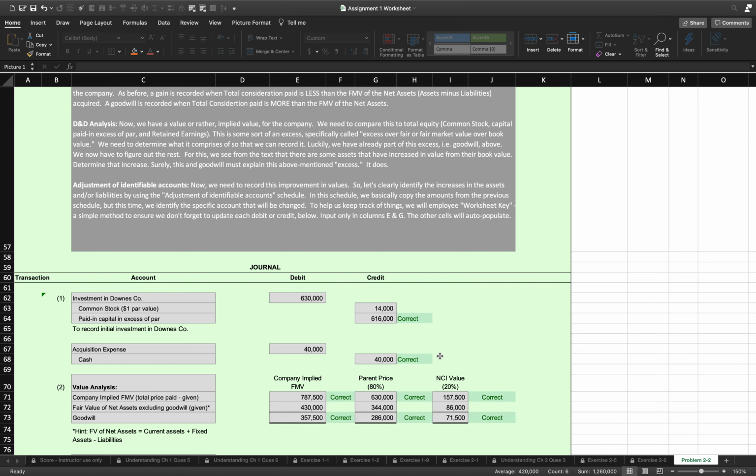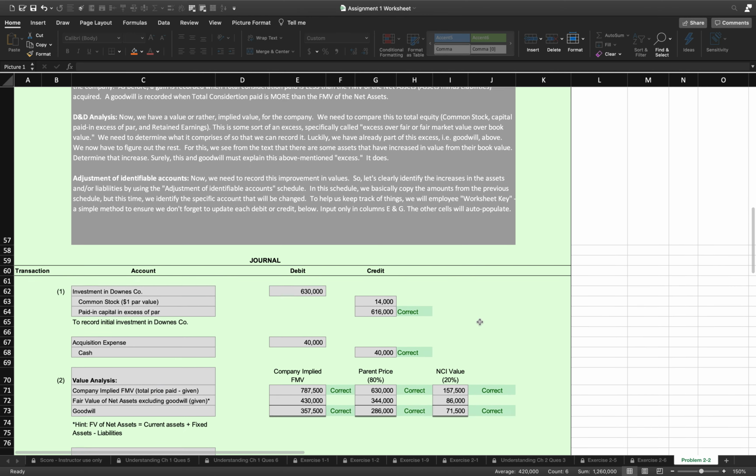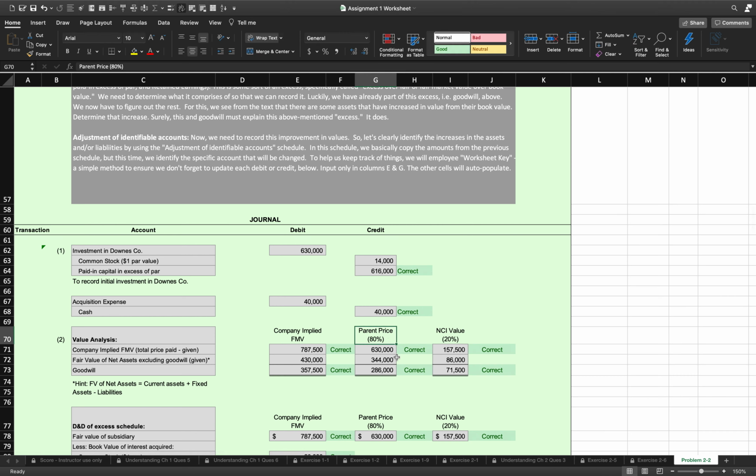So in part B, they tell us that for this investment, for $630,000, they received 80% of the company's underlying book value. Okay, so if we purchased 80% of a company for $630,000, then we can calculate what the overall implied value was for that company.